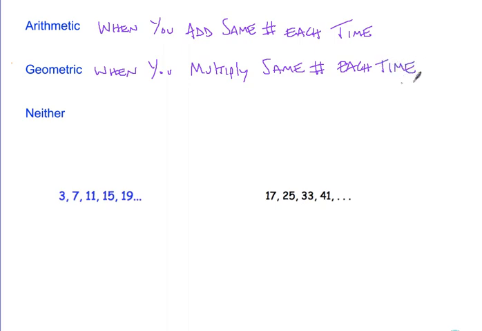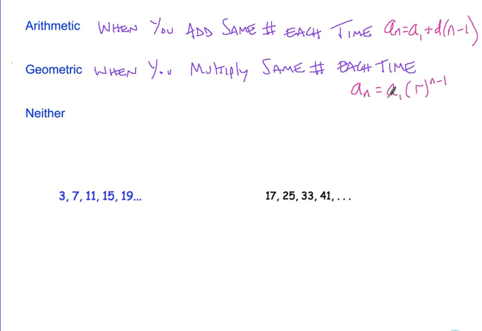And those were nice because we had formulas. So an explicit formula for arithmetic was a sub n equals a sub 1 plus d times n minus 1. That was our explicit formula for arithmetic. For geometric, our explicit formula was a sub 1 times r to the n minus 1. So we had nice formulas.